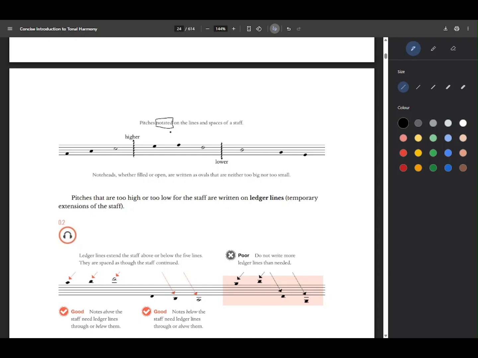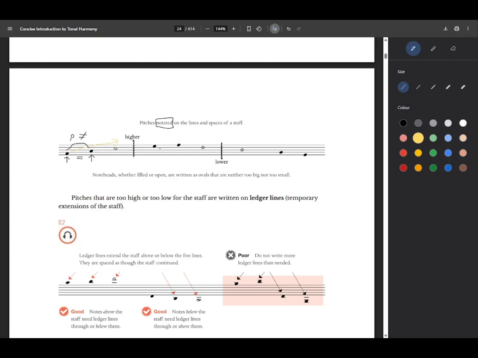So here we have our note heads, which are these black things. These are the note heads, and they represent the pitches. These are both the same note heads, as you can see. However, the pitches are not the same. As we go higher, as we ascend here, these pitches are becoming higher.